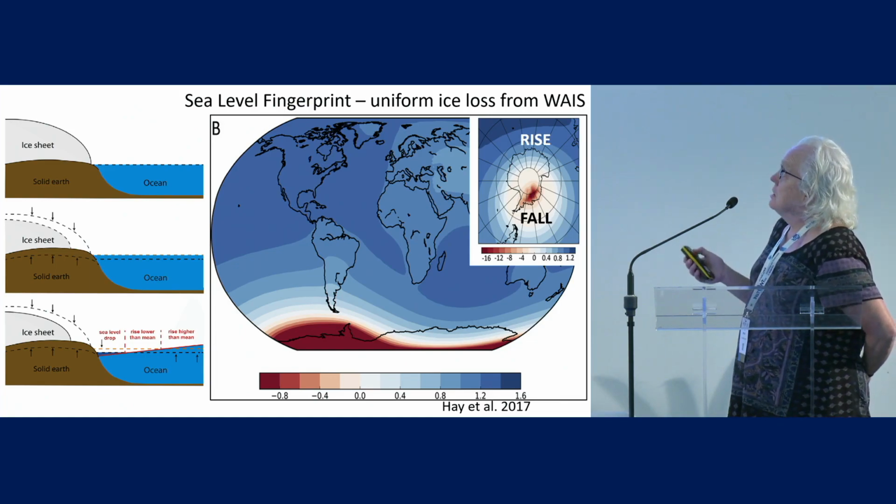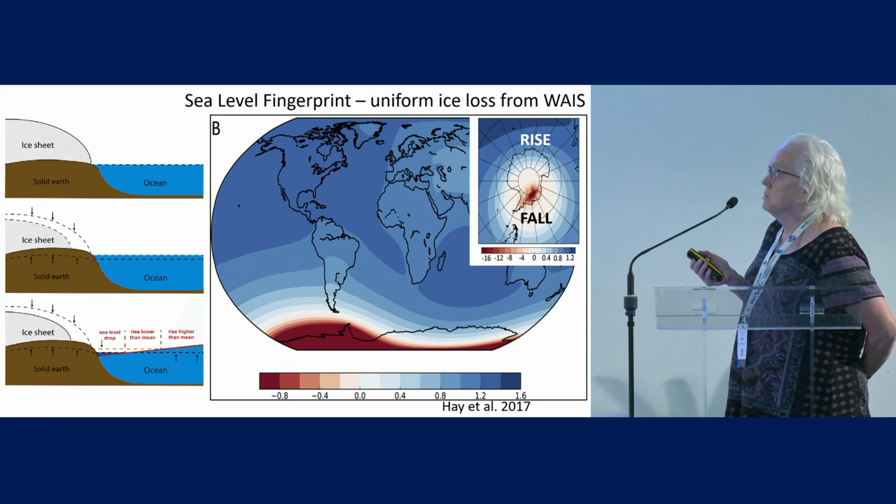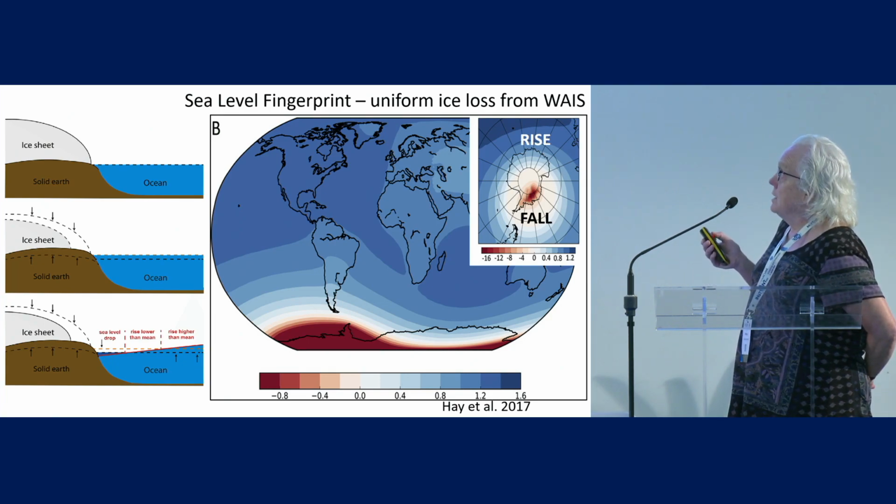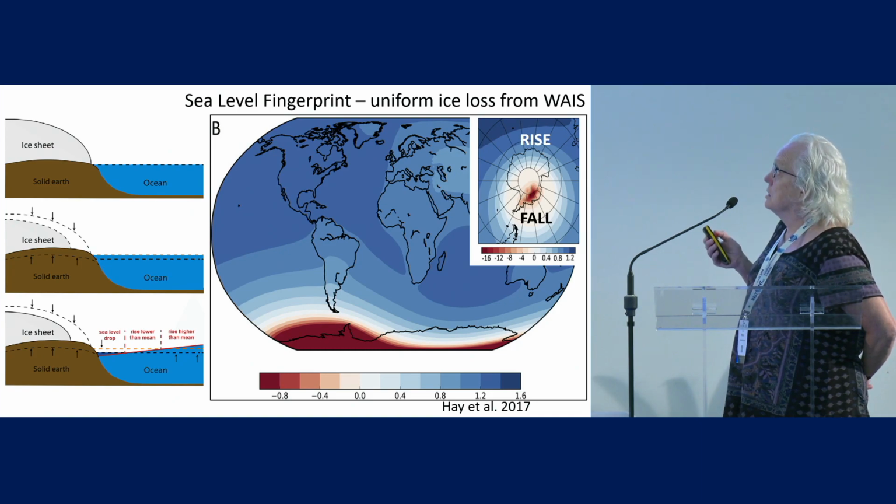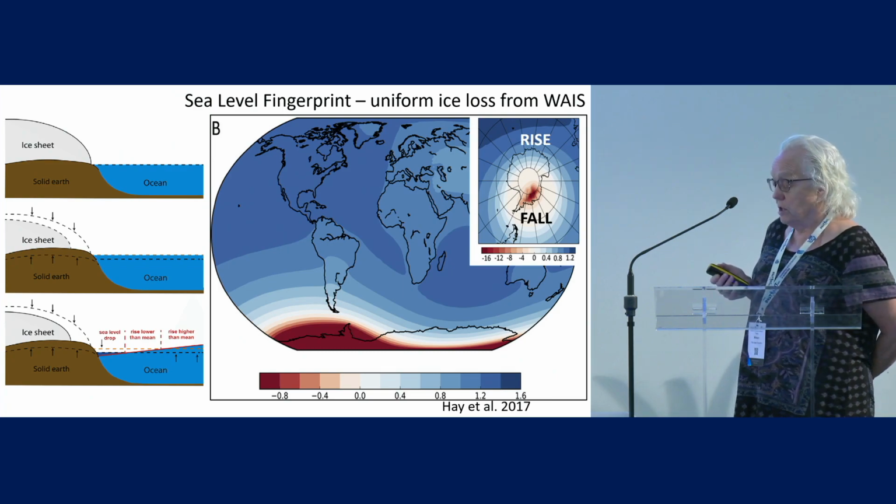And you'll see that the darker colors represent a normalized by global mean sea level rise. The fingerprint of the West Antarctic ice sheet melting is higher in the northern hemisphere, falls closer to Antarctica.